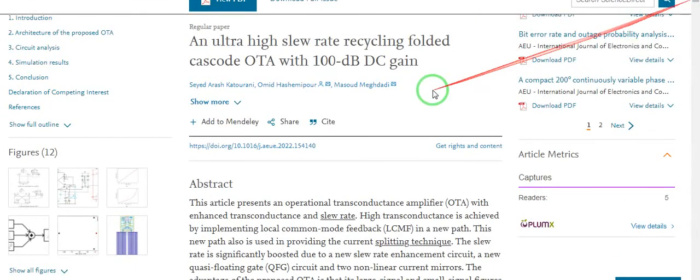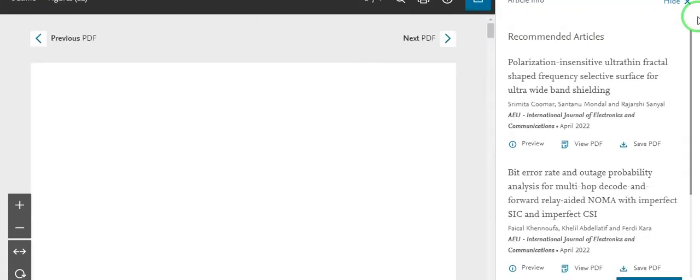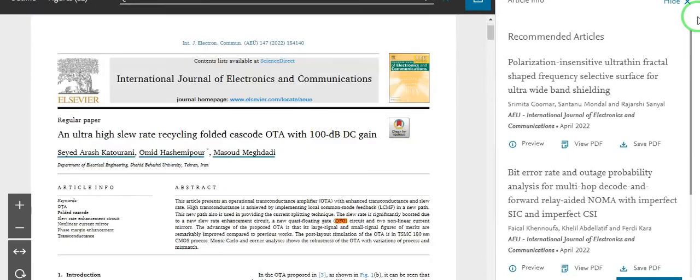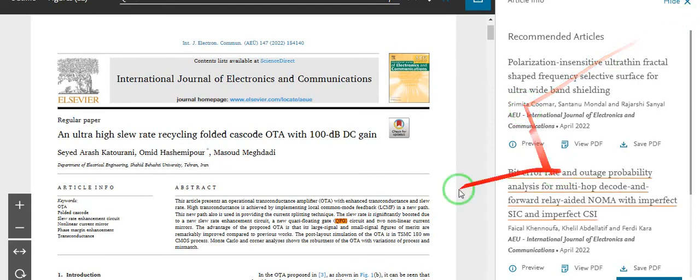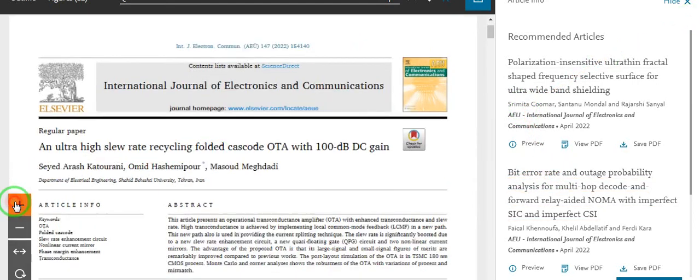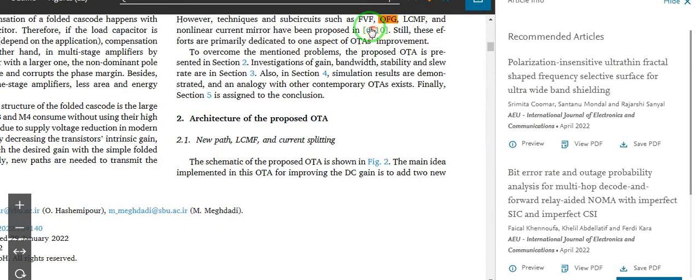So I'm going to show you the names of the authors that first used that. So I'm going to search for the quasi-floating gate. Quasi-floating gate. So I'm sure, okay, maybe one of these.